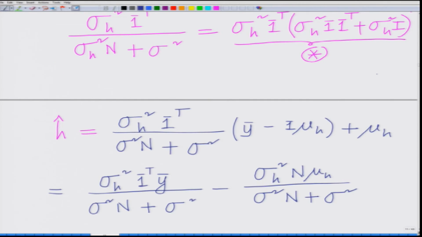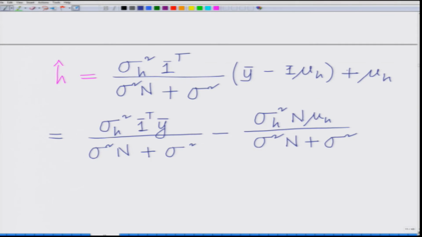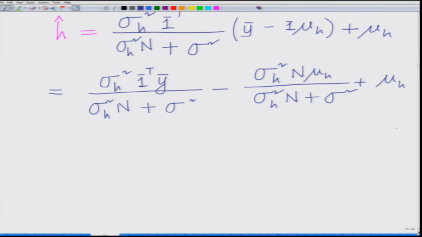In fact, this should be sigma h square in the denominator. So, this is sigma h square n plus sigma square, plus of course mu h. And now, if you look at the term on the right, I have sigma h square n mu h minus sigma h square n mu h plus mu h n sigma square.